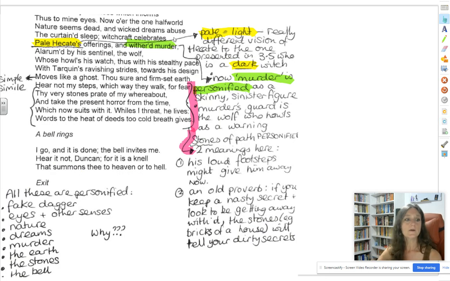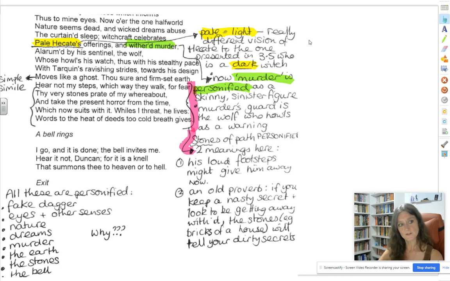Okay, so going on to the next line here, we've already defined Hecate. She's the queen of witchcraft. But here she's described as pale Hecate. And I think it's really interesting to note that pale equals light, doesn't it? It's a pale colour, a light colour. And this image of Hecate is really different to the one where we meet her in Act 3, Scene 5, where she's definitely a dark witch who's associated with black magic.